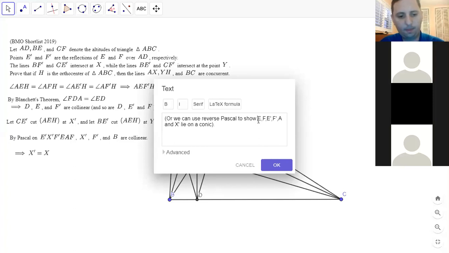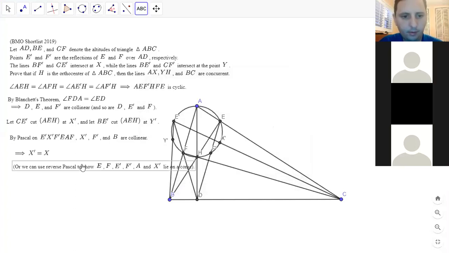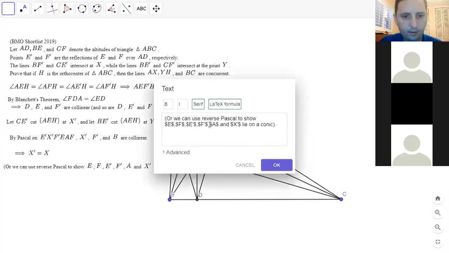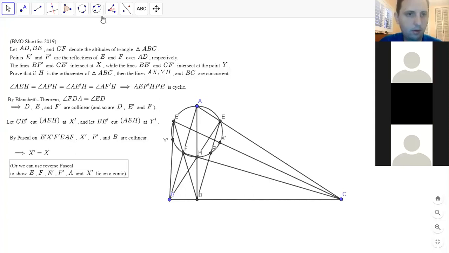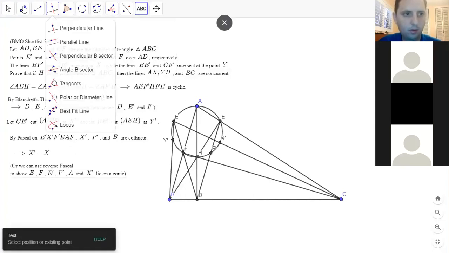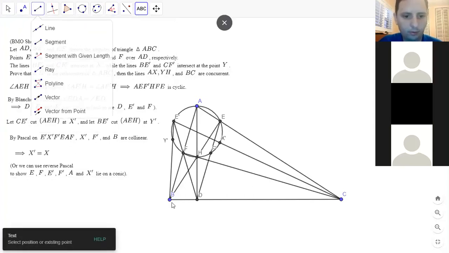Okay. And then similarly, Y prime equals Y. So let me draw this too.